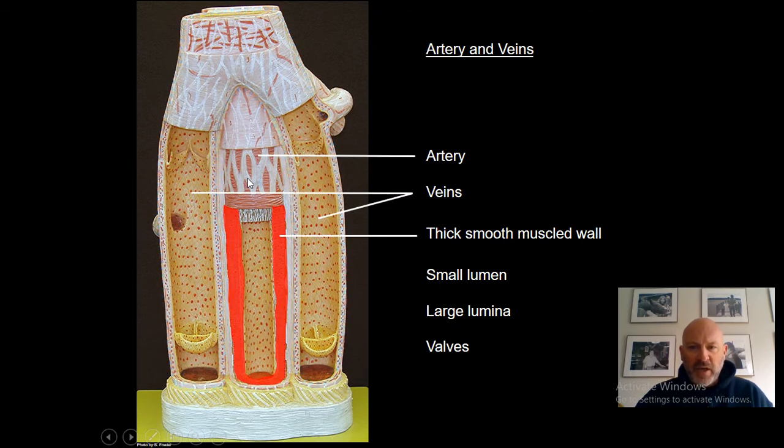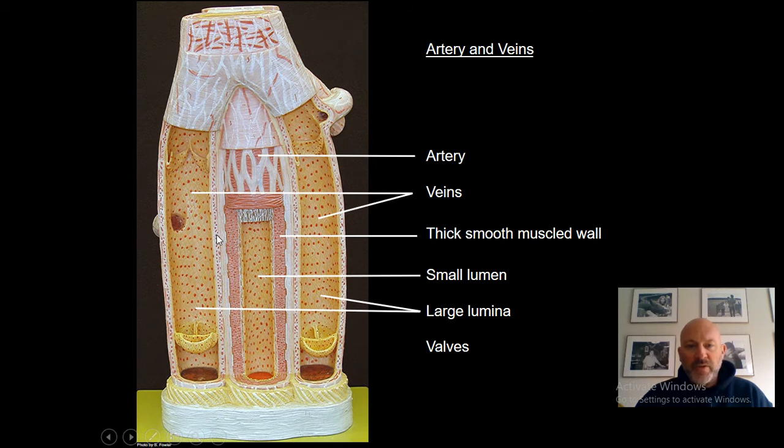If we look at the walls, we can see the arteries have much thicker walls made of smooth muscle. And if we compare the lumen size, the lumen of an artery is smaller, whereas if we look over here at the veins, the lumen is larger.